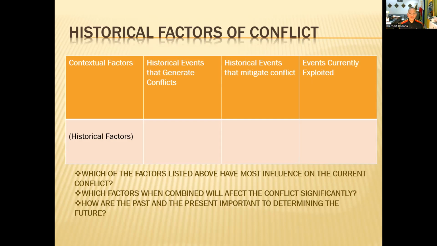So which of the factors listed above have the most influence on the current conflict? Then, which factors, when combined, will affect the conflict significantly? And how are the past and the present important to determine the future? These are some of the important questions that you ask once you have already collated your data.